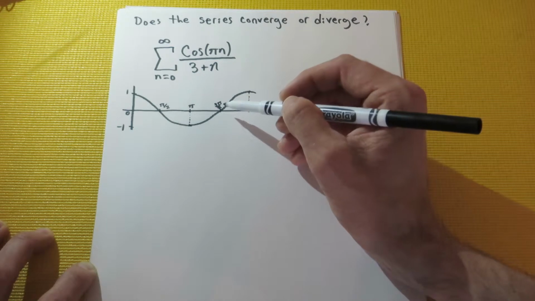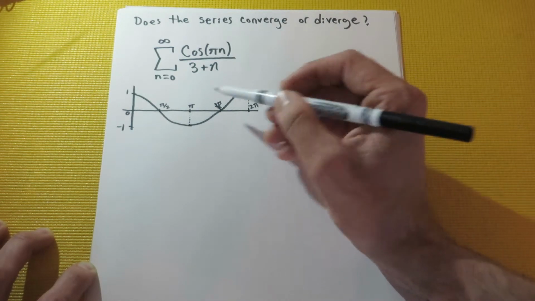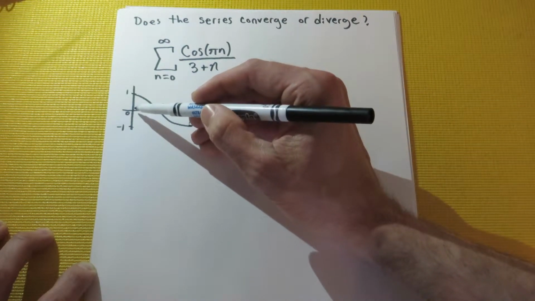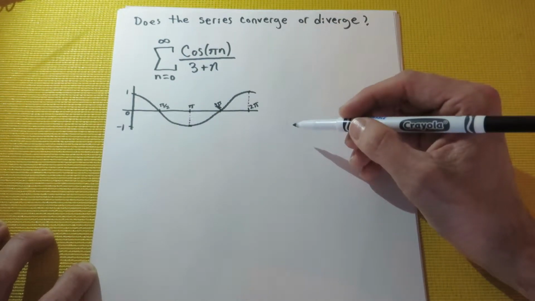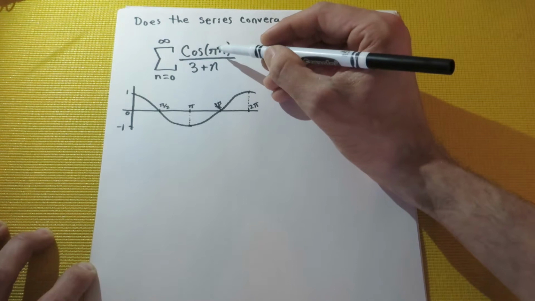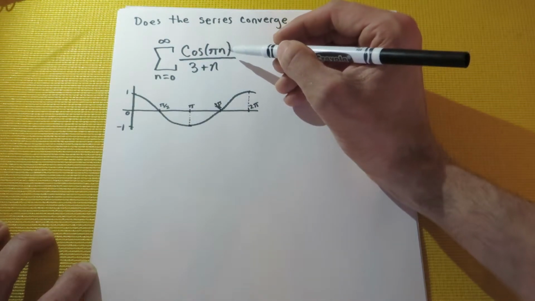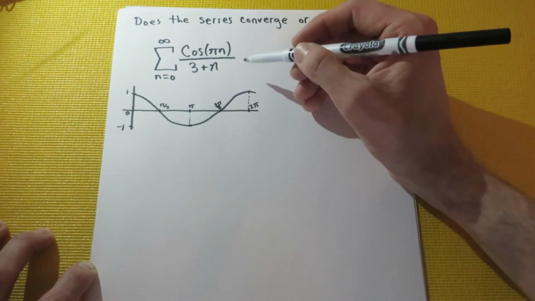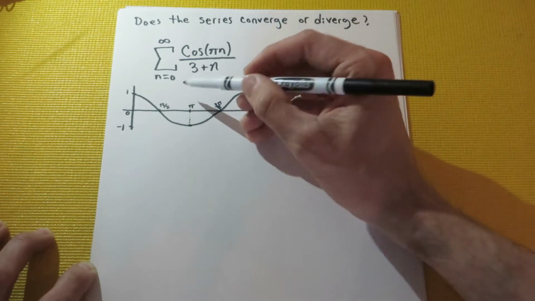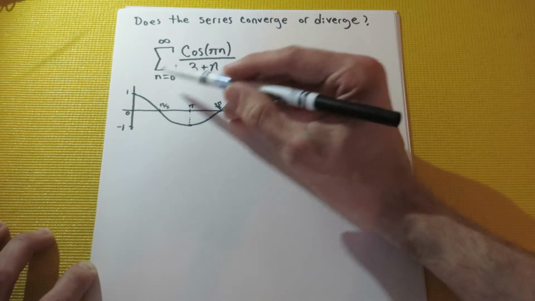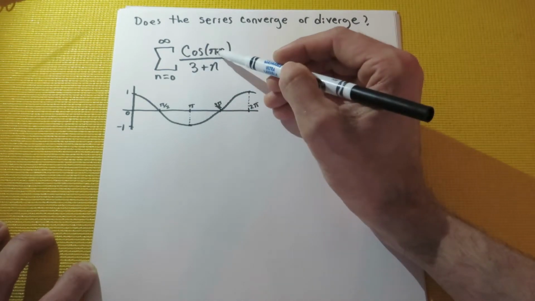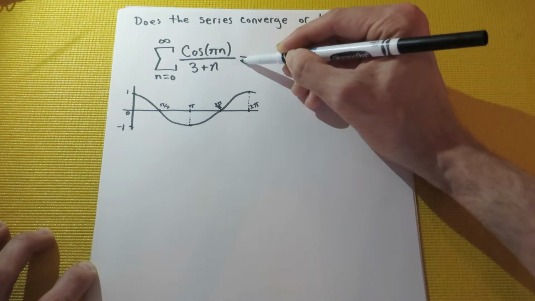When we have even intervals of pi, like 2 pi or even 0 pi, we could argue that 0 is an even number, then we know that the output is going to just equal 1. So lucky for us here, notice what happens. We have n starts at 0, so we know that that's going to be 1. So this is the same.